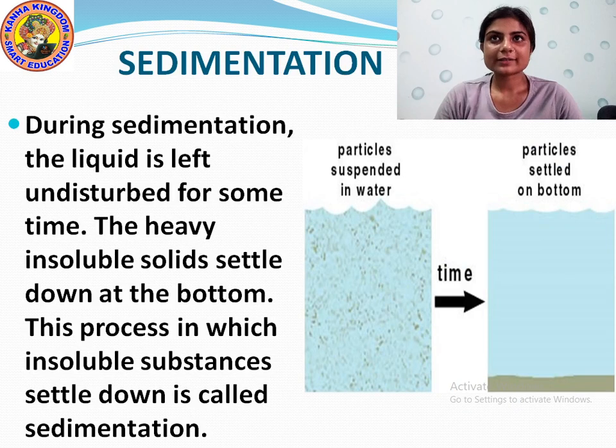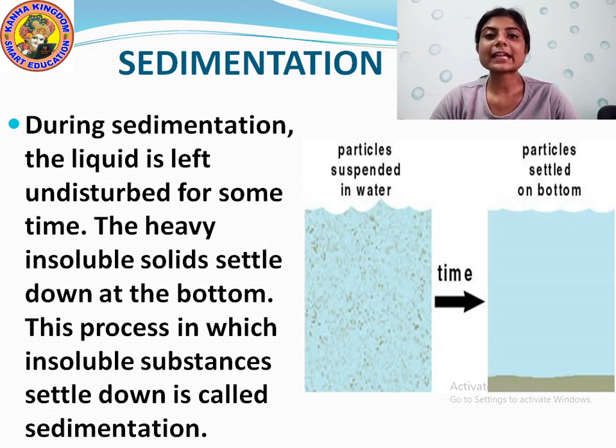And now students, what is the process of sedimentation? During sedimentation, the liquid is left undisturbed for some time. Suppose we are taking the solution of sand and water. In this process, what do we do?